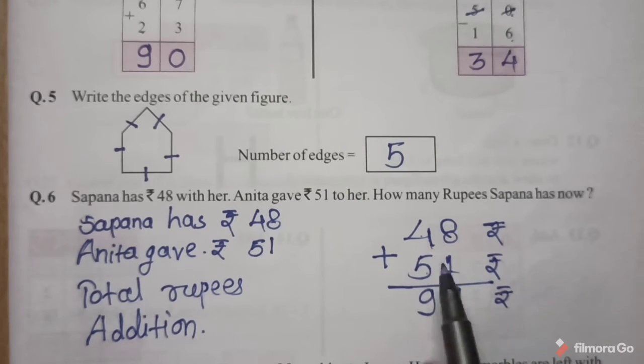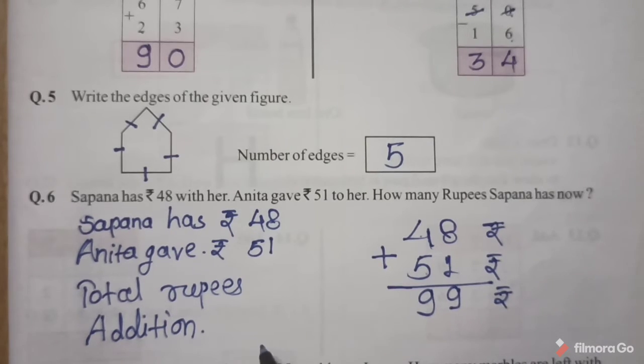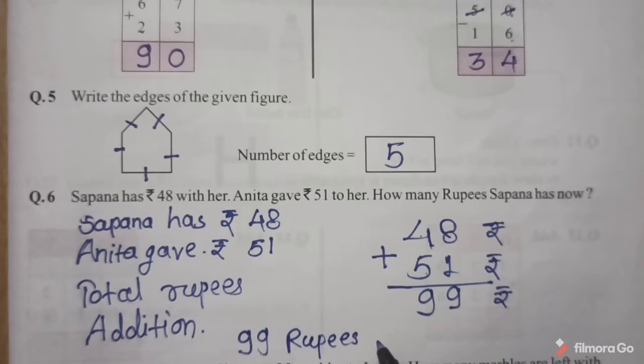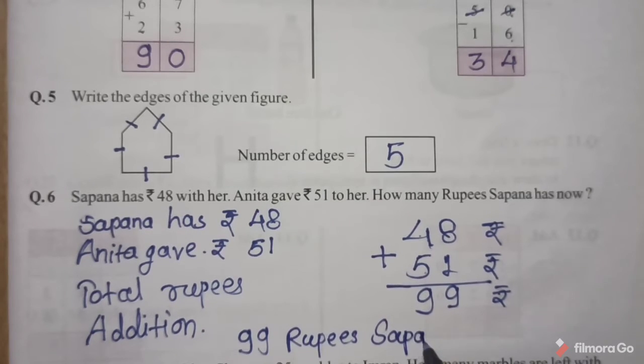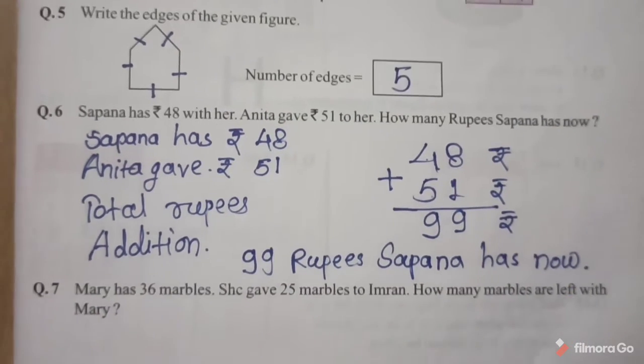How many rupees does Sapna have now? 99 rupees. Sapna has 99 rupees now.